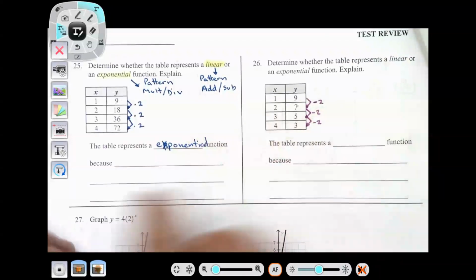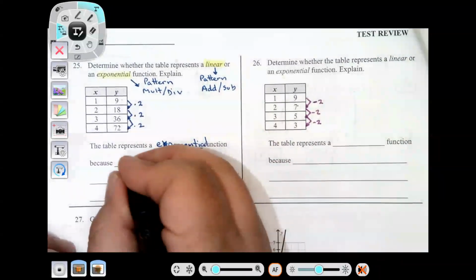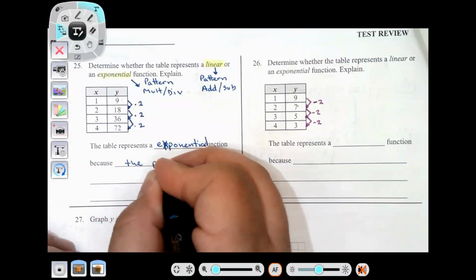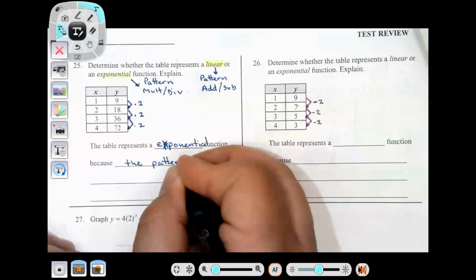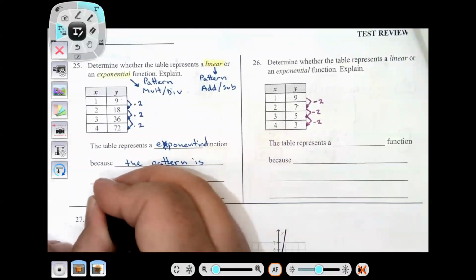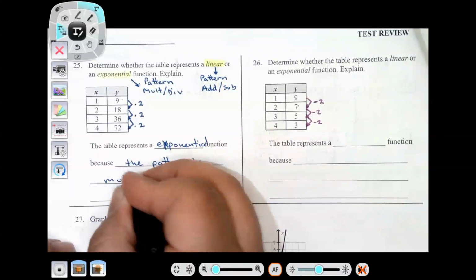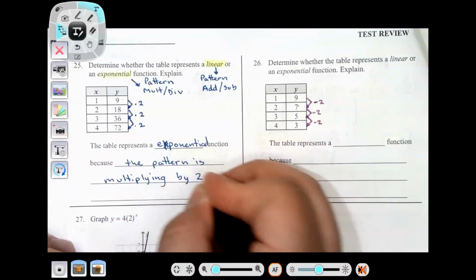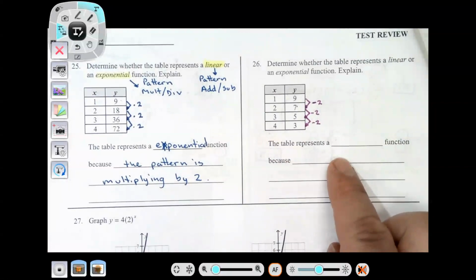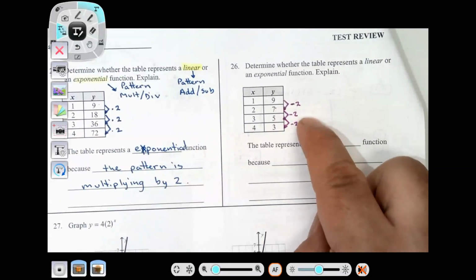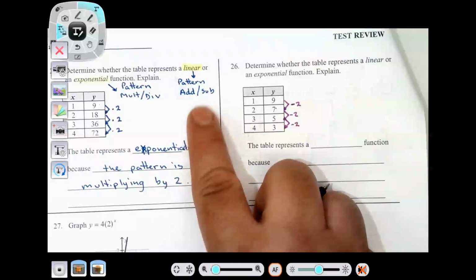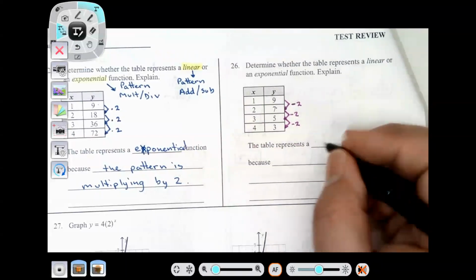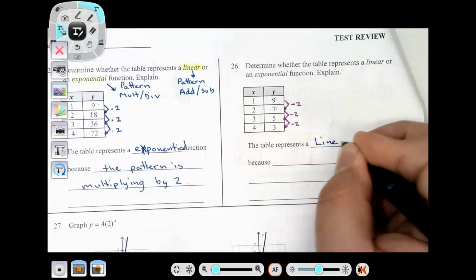And when we say, well, what's the reason? Because the pattern is multiplying by 2. That's what we can say. Over here, look at the pattern, subtracting, subtracting, subtracting. Then we already know because it's subtracting, this will be linear.